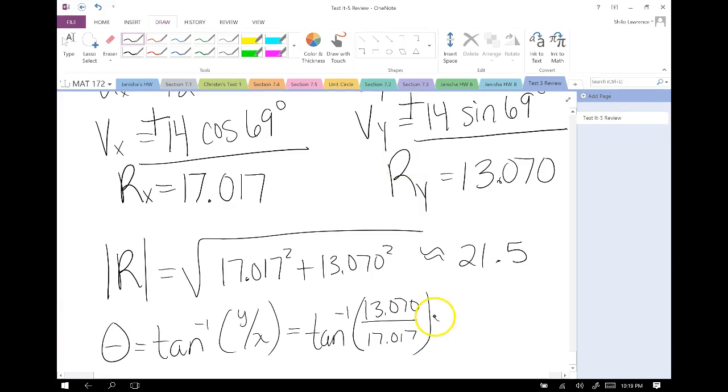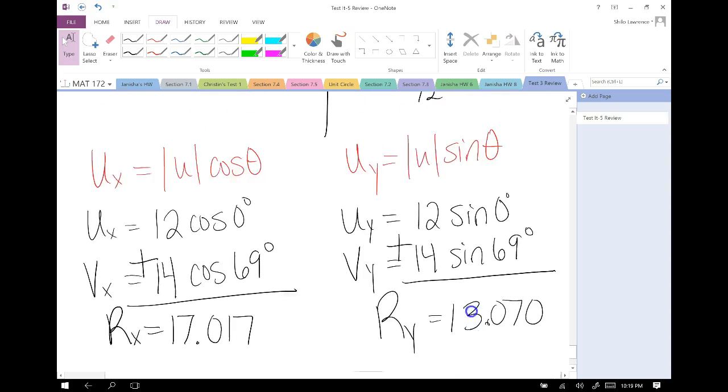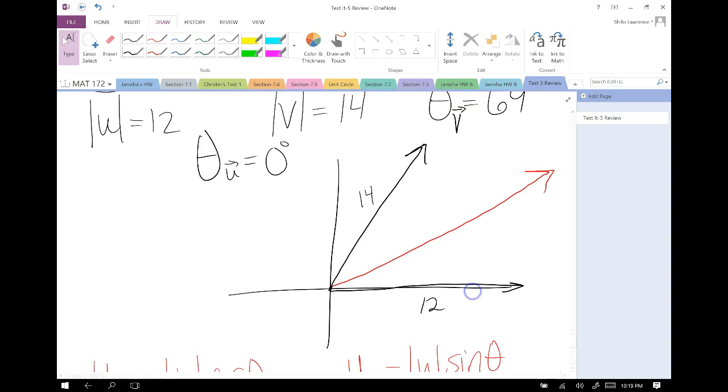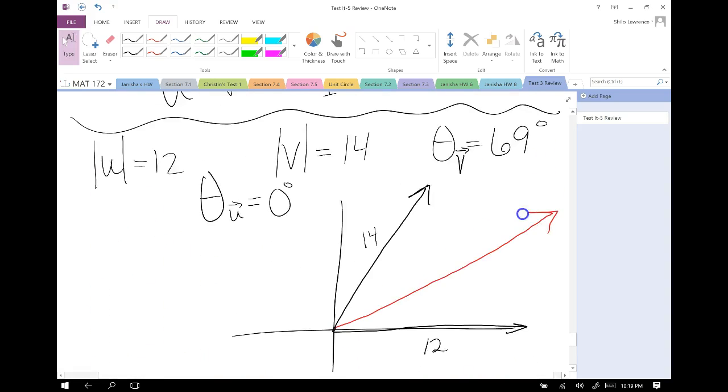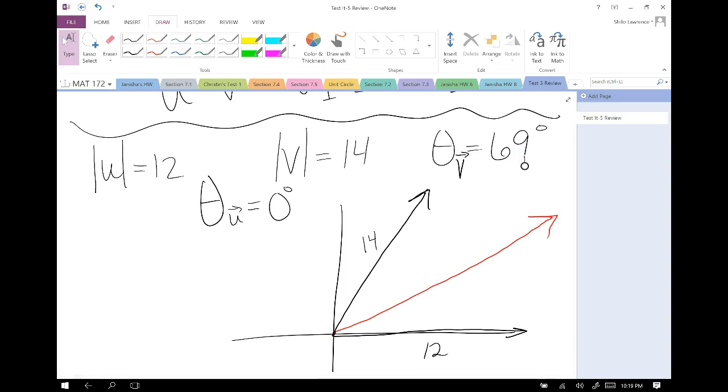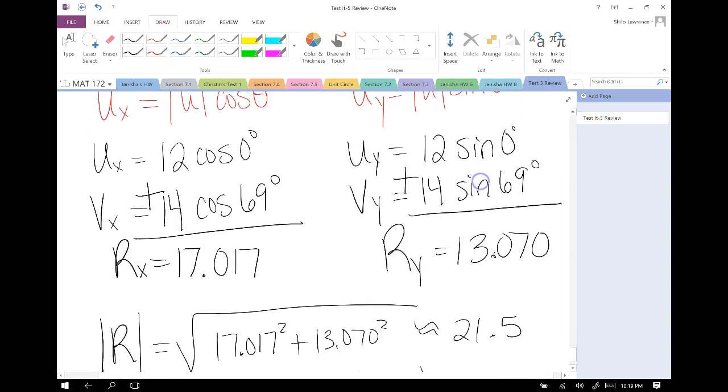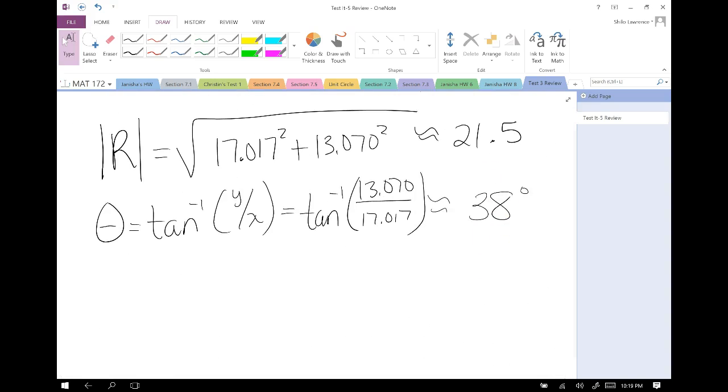So I got about 38 degrees. So I had said when I drew the picture that it's going to end up in between. If you cut 69 degrees perfectly in half, that's about 34.5. So it is close to that, but it's not exact.